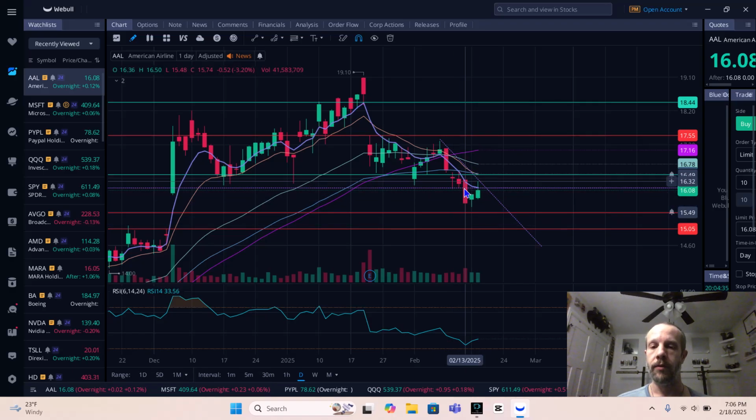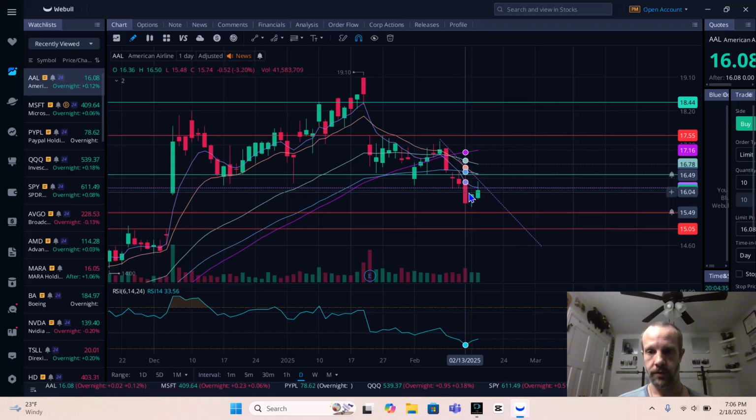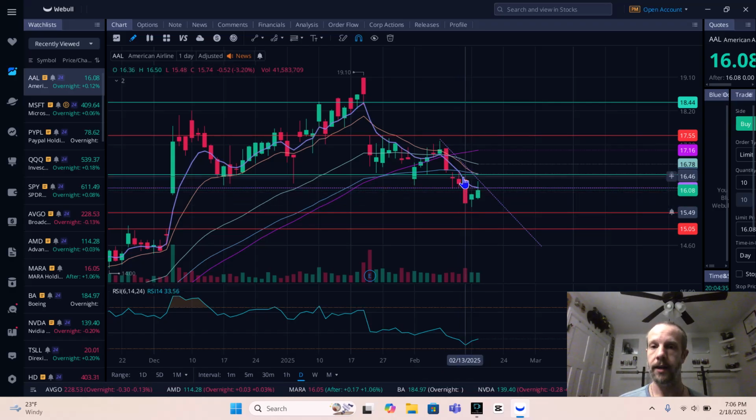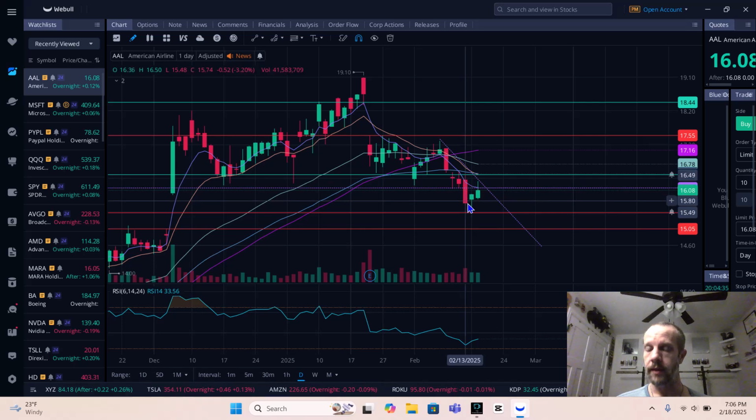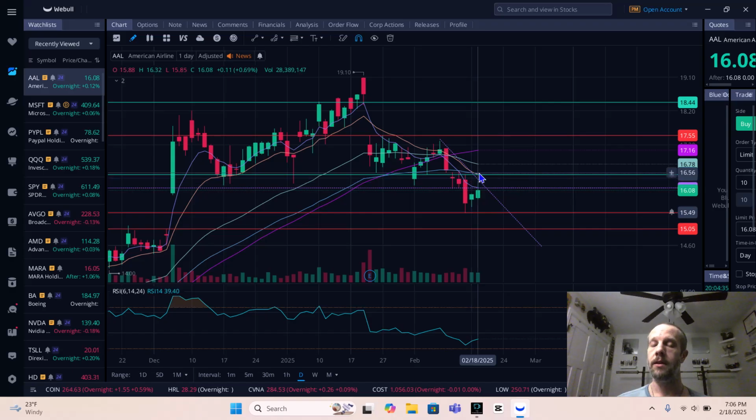Now, whenever we see these types of candles, they often provide a nice move to the upside or the downside, one way or the other. And whenever the level that the bigger candle formed on the high side or the low side is broken, that's usually the direction that the stock is going to go.